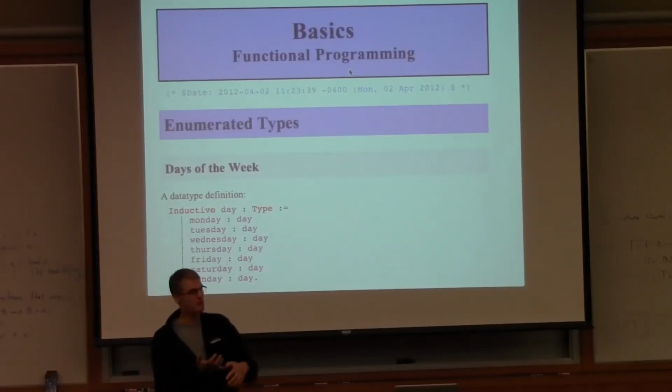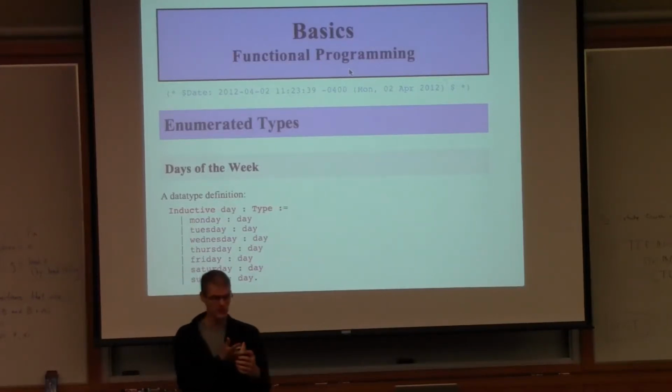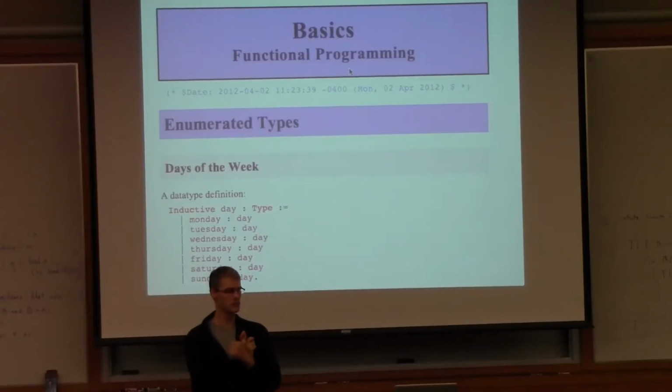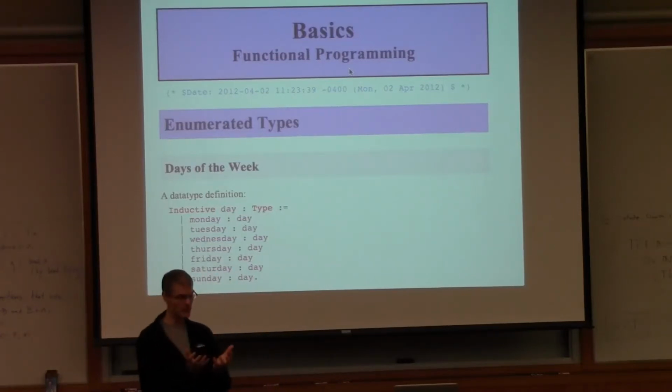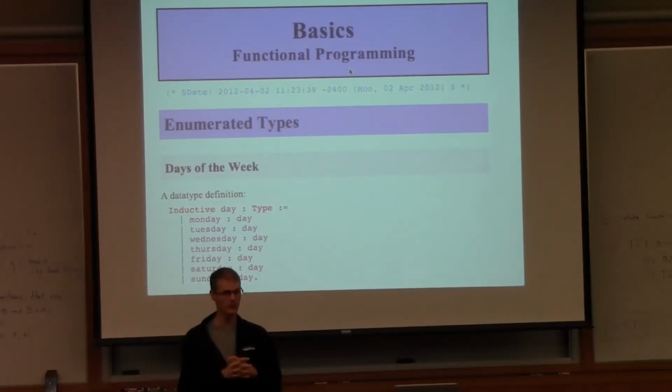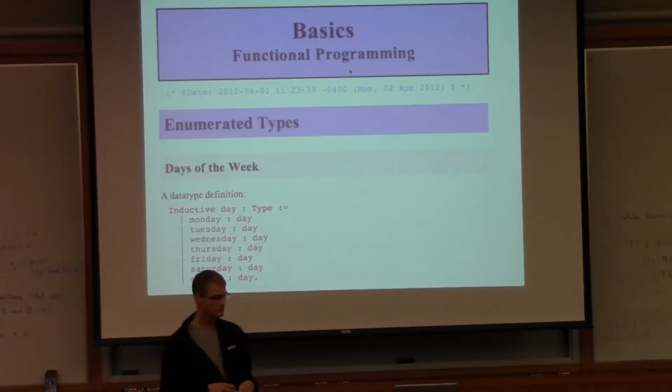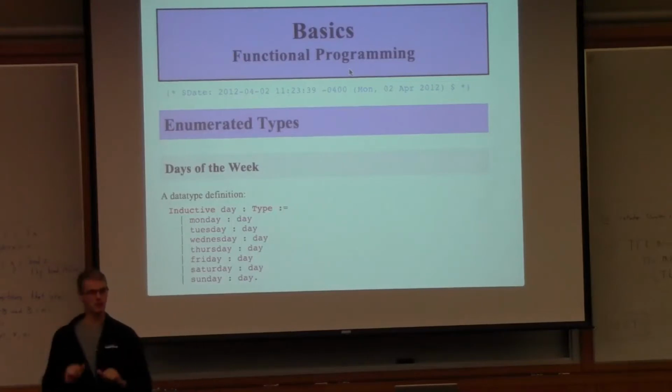So a typed lambda calculus with dependent types, also with polymorphic types in the style of ML and Haskell and all your favorite languages, and also with a built-in inductive definition facility, which I'll show you more of in a second. And for this reason, the core lambda calculus that is at the heart of Gallina is called the calculus of inductive constructions.